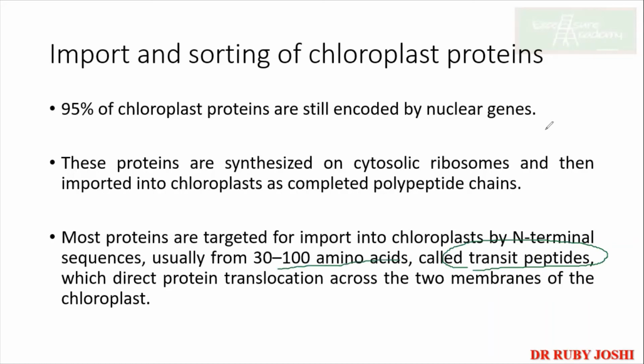What was your pre-sequence? 15 to 55 amino acids. Now, in the case of chloroplast, it is your transit peptides of 30 to 100 amino acids. These are the responsible signals which will direct the protein translocation across the two membranes of the chloroplast. So this is something which you have to remember.